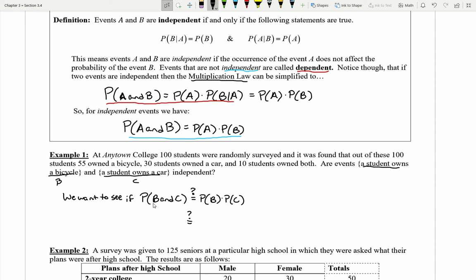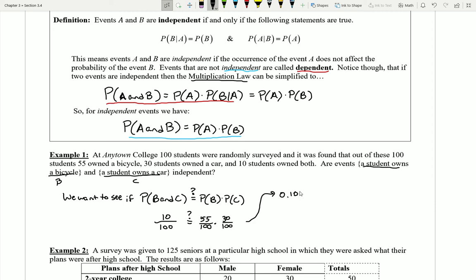What is the probability that a student owns a bike and owns a car? Well, I know there were 100 students to choose from, and I was told that only 10 students own both. On the other side, I know the probability of owning a bike, well, let's see, there were 55 people that owned a bike out of 100, and there were 30 students that owned a car out of the 100. So the question again is, do these two sides actually come out equal?